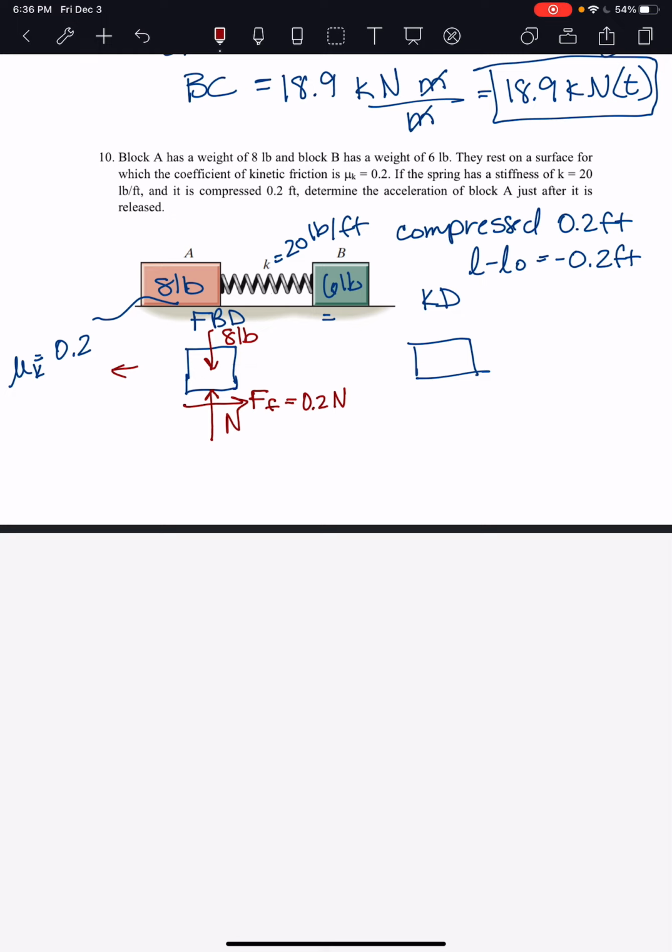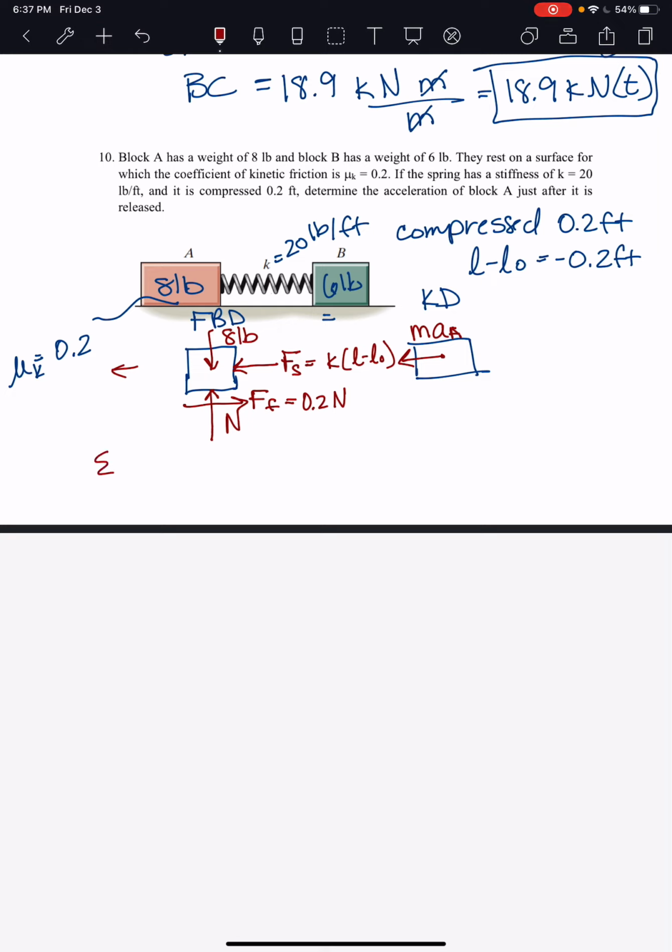And because it's compressed, the force of the spring is going to push it in that direction. So force of the spring, which equals k times L minus L naught. And then that's going to equal the mass times the acceleration of block A.